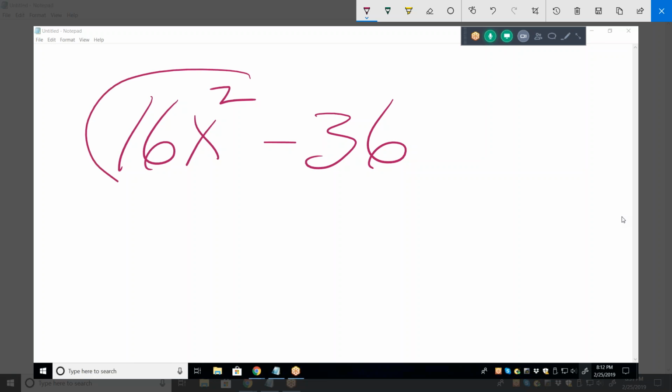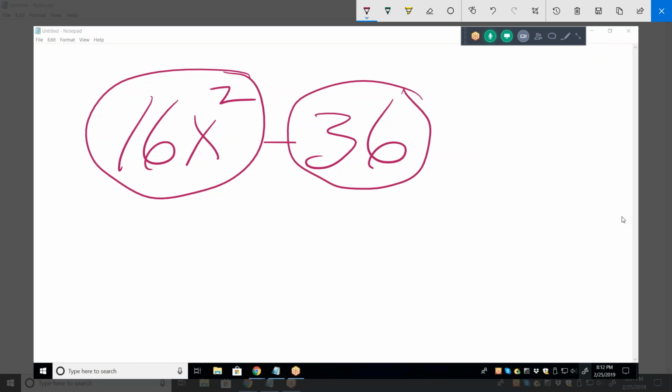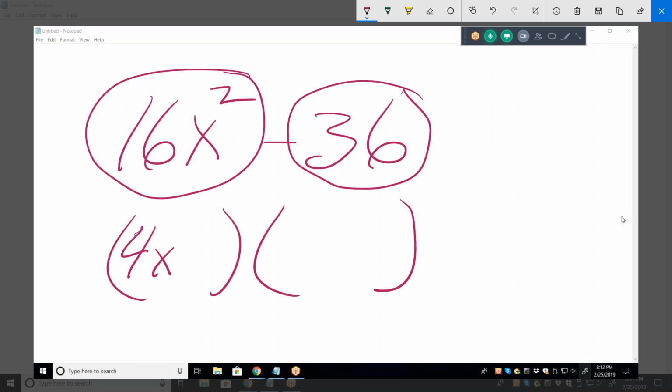That's a perfect square, and that's a perfect square, and they're being subtracted. So how does that factor? Just figure the first term all by itself. This is not like other factoring. You take the square root of that term, you get 4x, and you take the square root of that term, and you get 6.